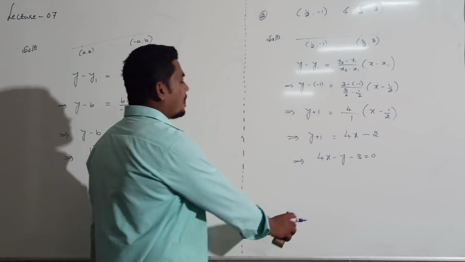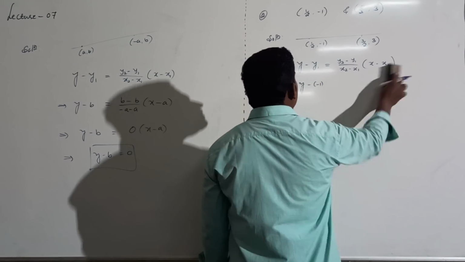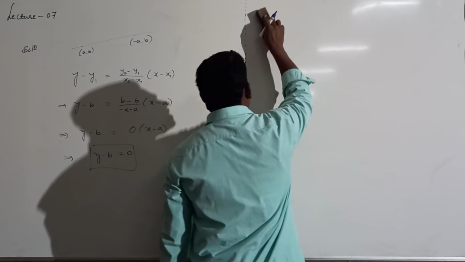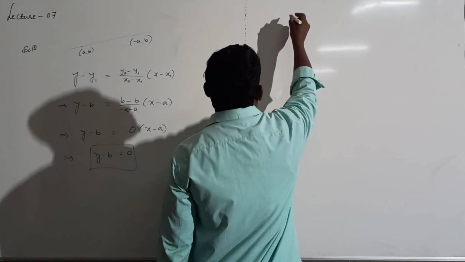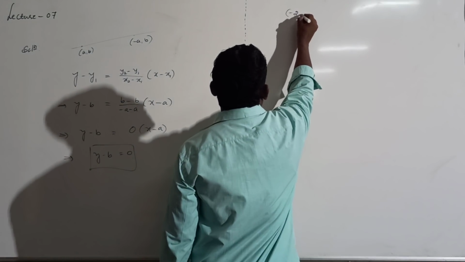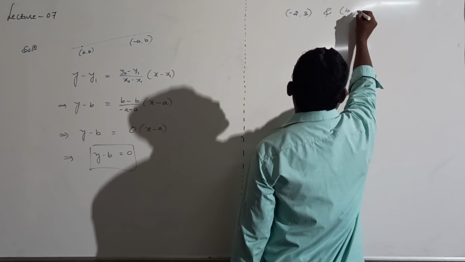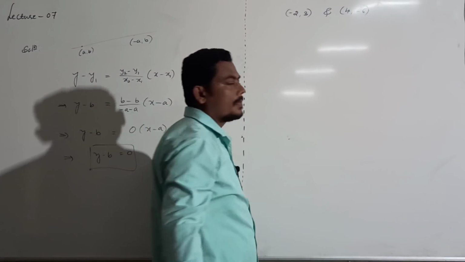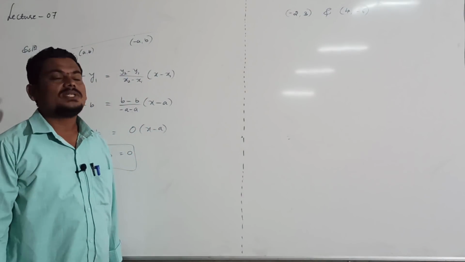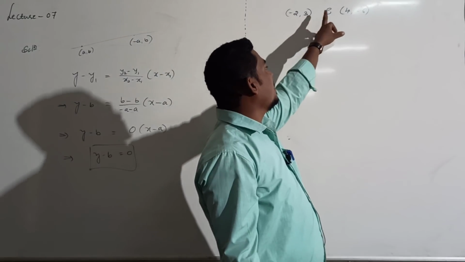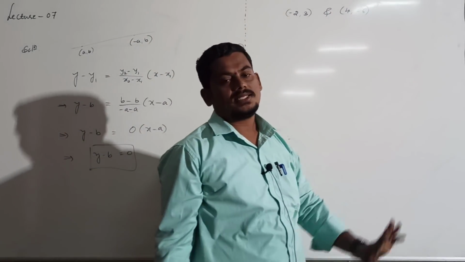Next one, find the equation of the line which passes through minus 2 comma 3 and 4 comma minus 6.